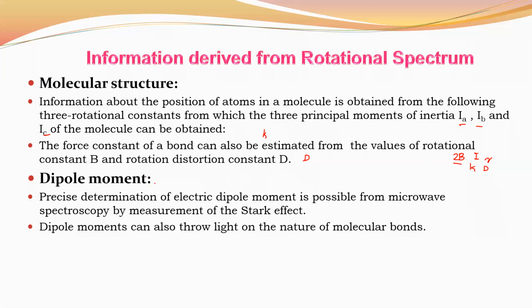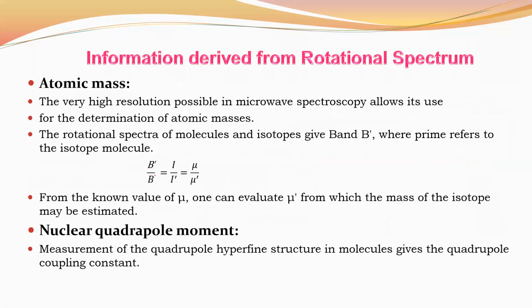And the second is dipole moment. The electric dipole moment can be obtained from the rotational spectrum. Okay, and the next is atomic mass.